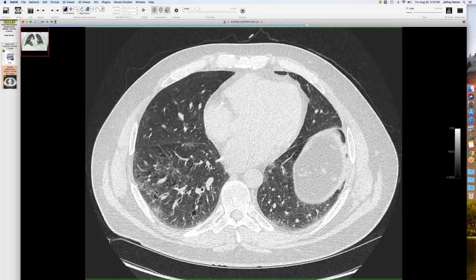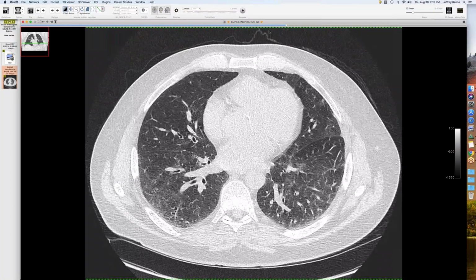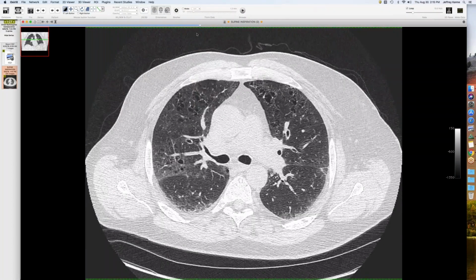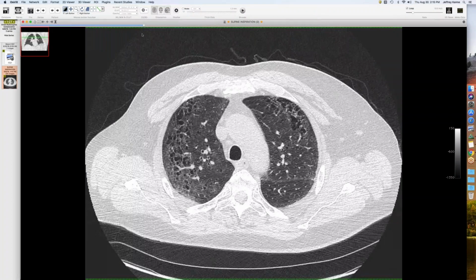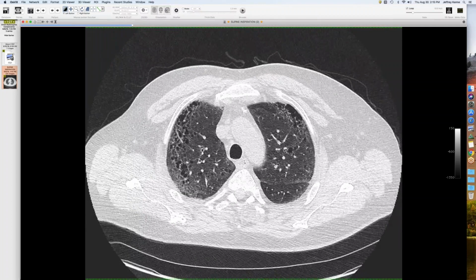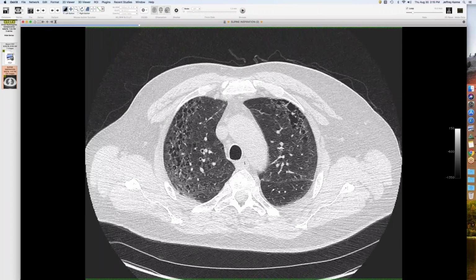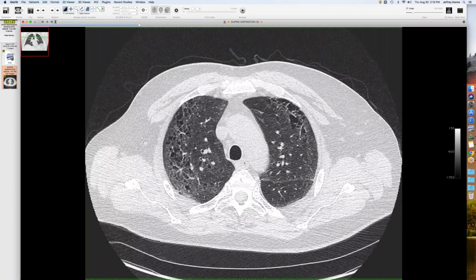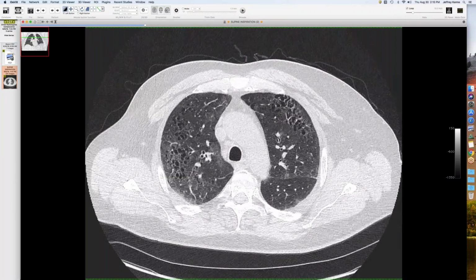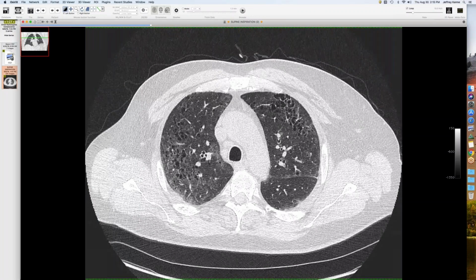So in a smoker, and as Travis had responded to me, I bundle this all together as smoking-related diffuse lung disease. We clearly have emphysema, whether there's some RB/DIP, whatever you want to call it, but macrophages around the airways and beyond, I think we could probably state that.